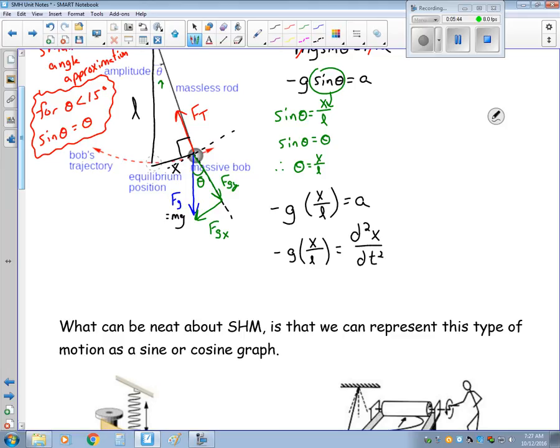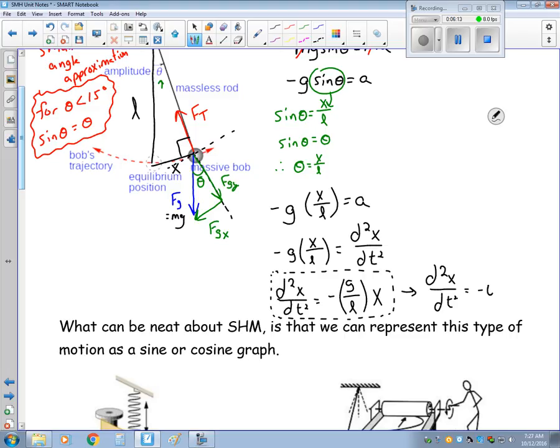And rewriting this, I can rewrite this as negative g over L times x. And hopefully you notice that this then, again, is another second order differential equation. And I can rewrite this again as the equation for simple harmonic motion.